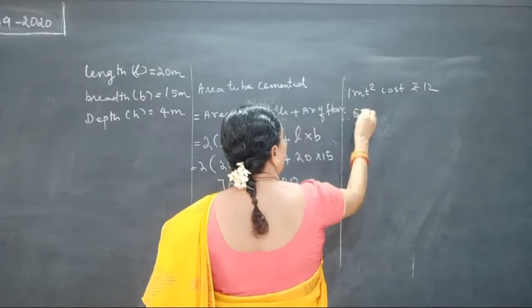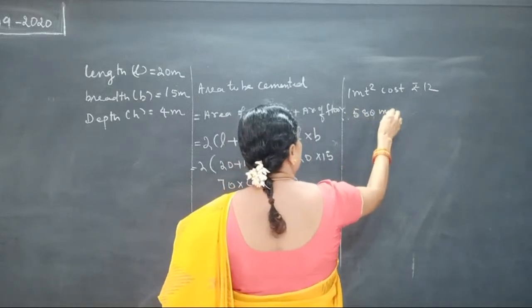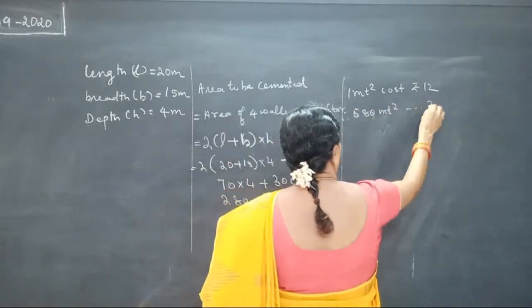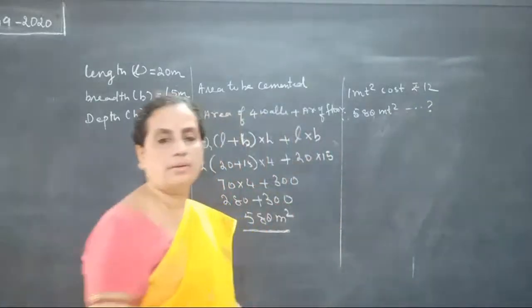Therefore 580 meter square costs how much? Do the calculation.